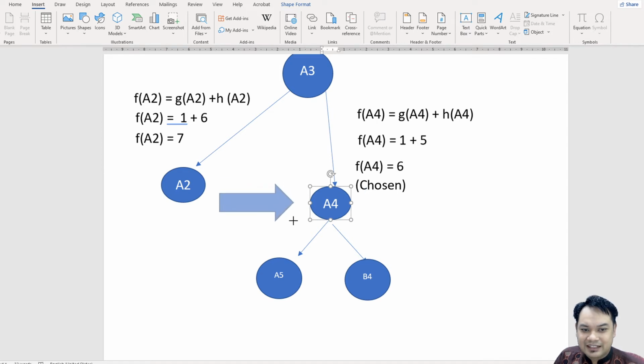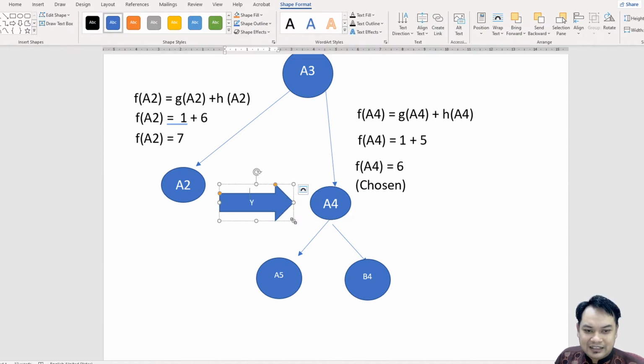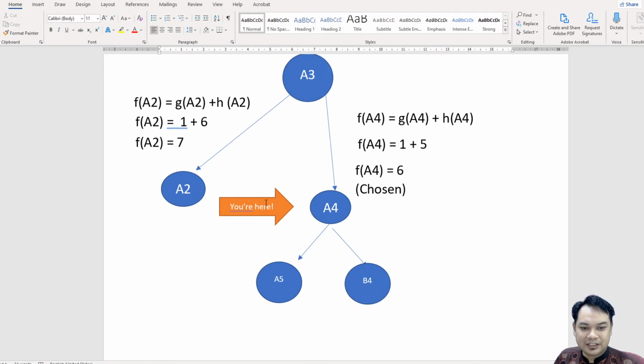Kadang-kadang bila kita ada button ke ataupun anak panah, kita tengok peta, dia kata you are here. So saya akan cuba buat konsep tu lah. So sekarang ni because A4 is already chosen, so saya letak kat sini button ni. You are here.